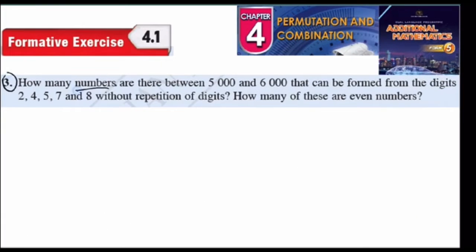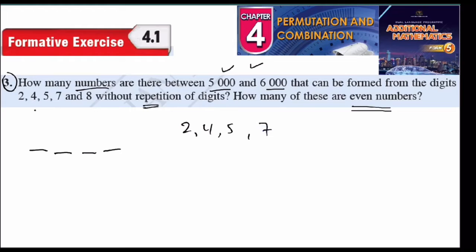For this question, how many numbers are there between 5,000 and 6,000 that can be formed from the digits 2, 4, 5, 7 and 8 without repetition of digit, and how many of these are even numbers? There are 2 questions here. The numbers must lie between 5,000 and 6,000.